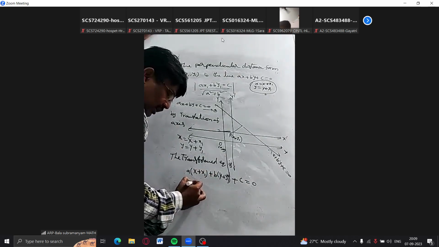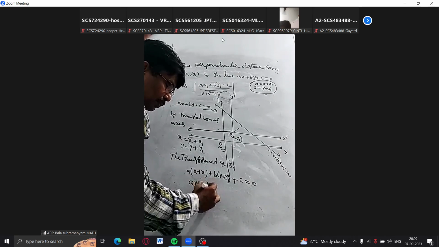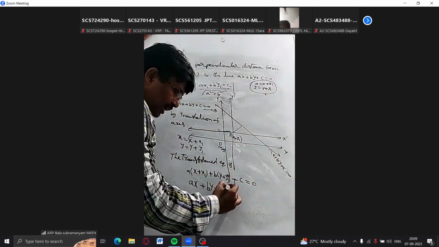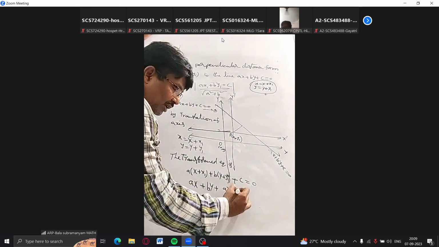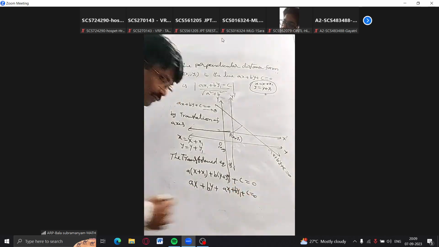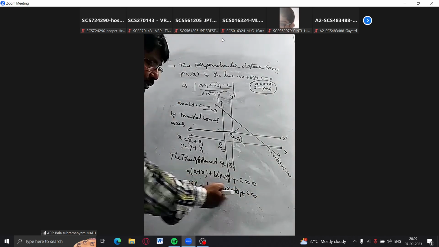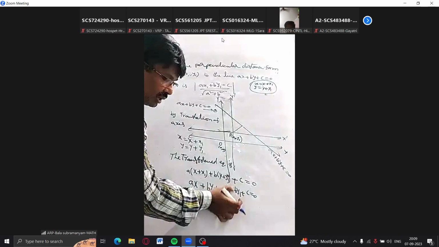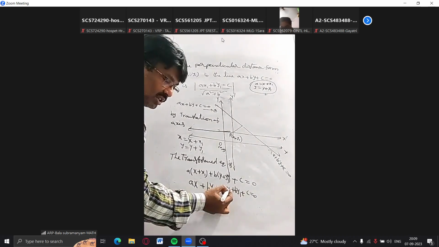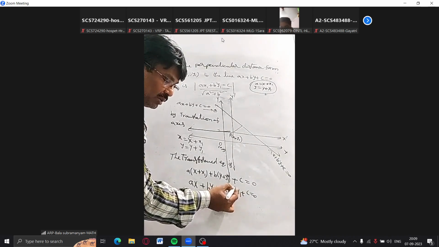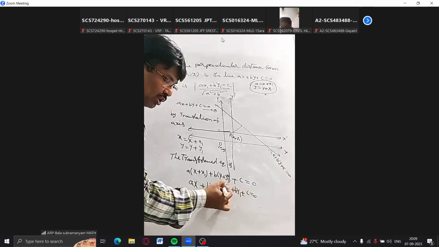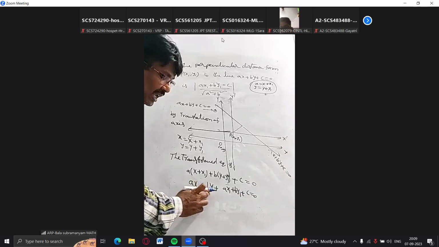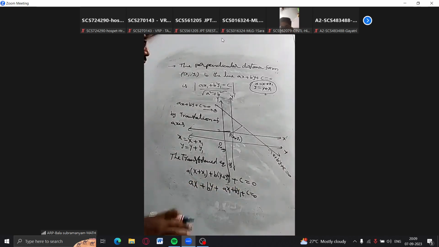Now simplify: aX + bY + (ax1 + by1 + c) = 0, which is of the form AX + BY + C = 0, because a, x1, b, y1, c are constants, so these three terms together are constant.